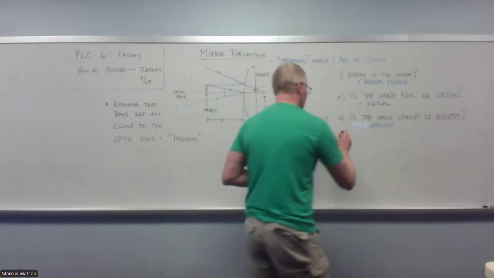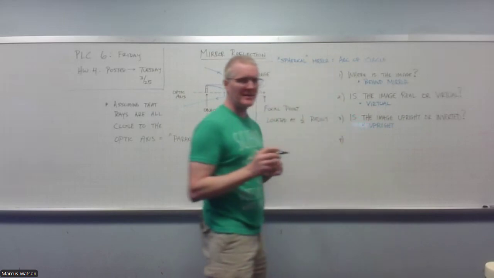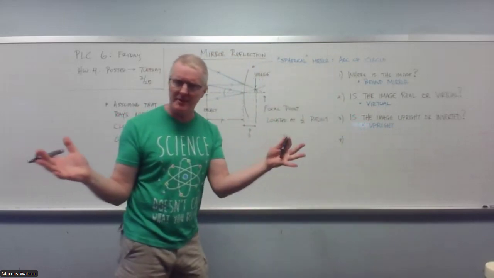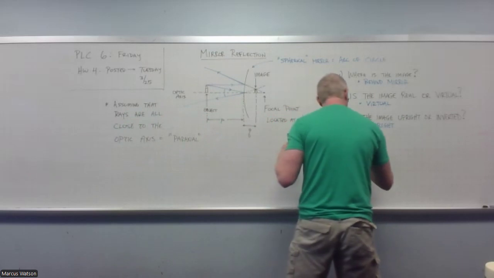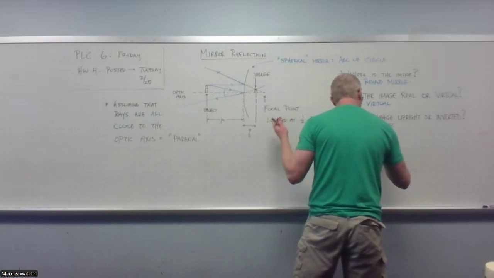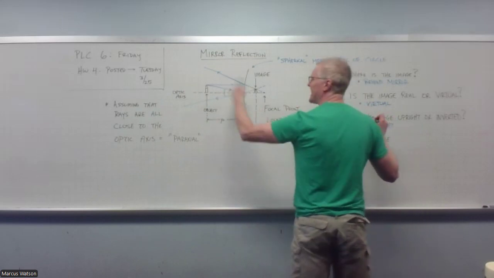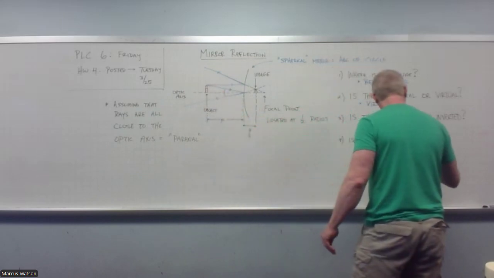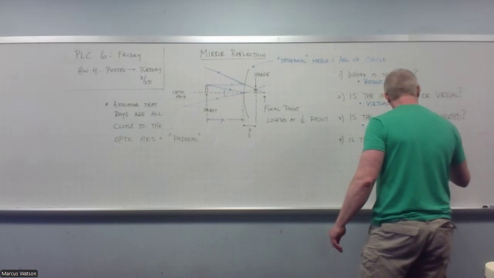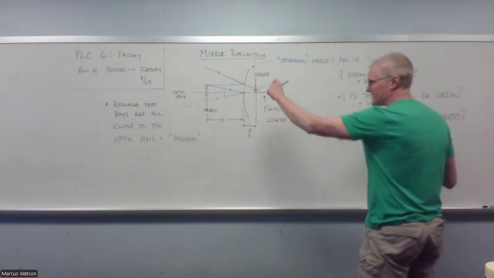Last question. And I don't know if necessarily this is language that is in common usage nowadays, but is the image magnified? Is it greater in size than the object? Or is it smaller in size than the object?